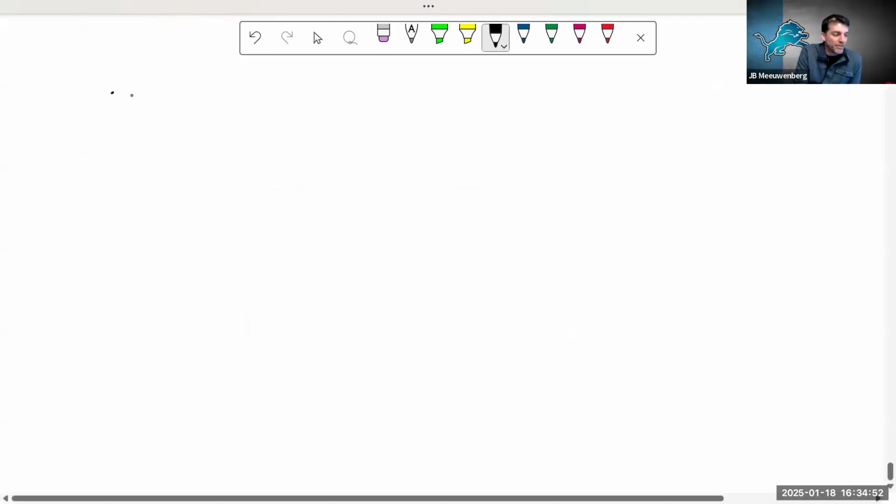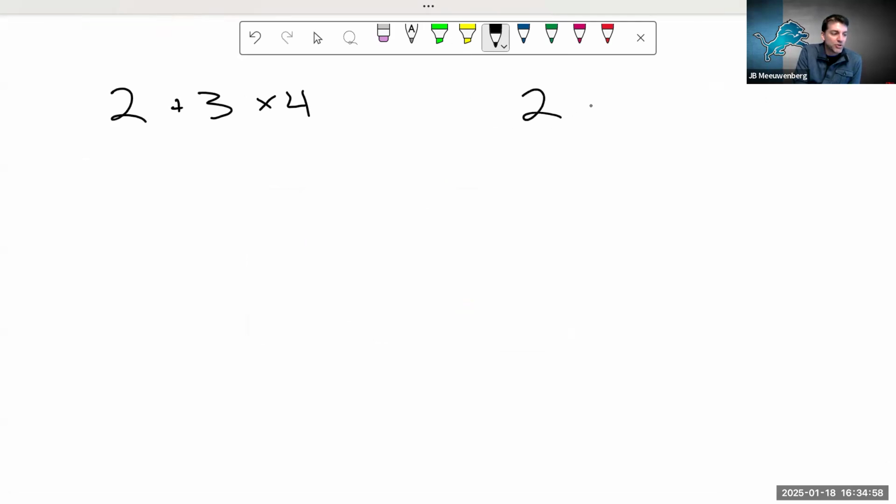For example, with numbers, 2 plus 3 times 4 is different than 2 plus 3 in parentheses times 4. If you recall from order of operations, if it's listed like this, you would multiply first: 3 times 4 is 12, and 2 plus 12 is 14.